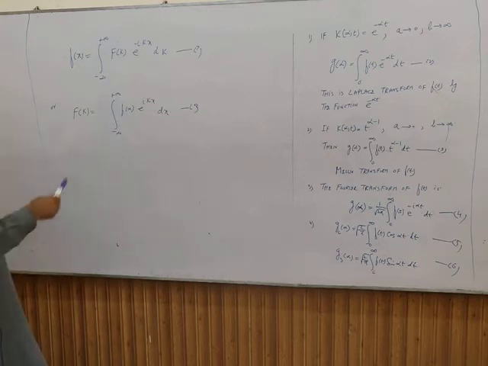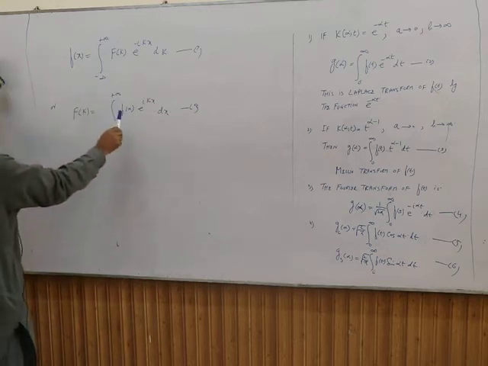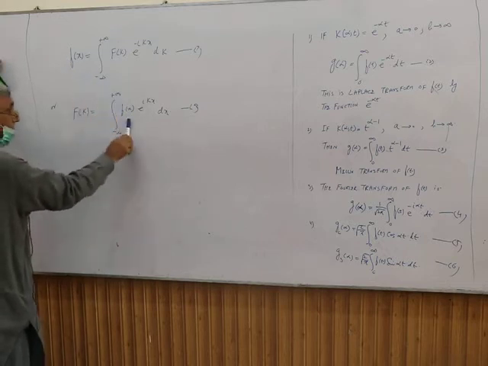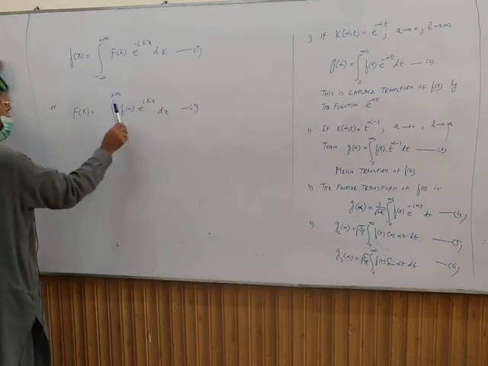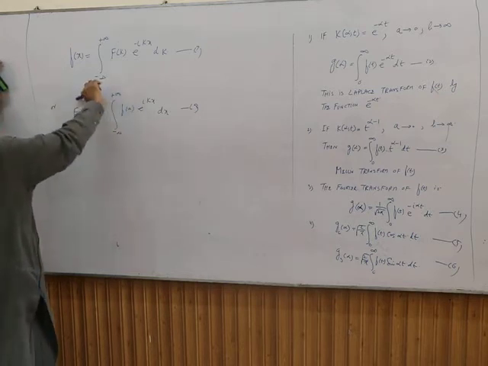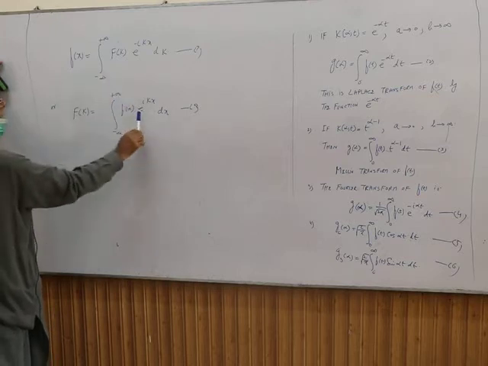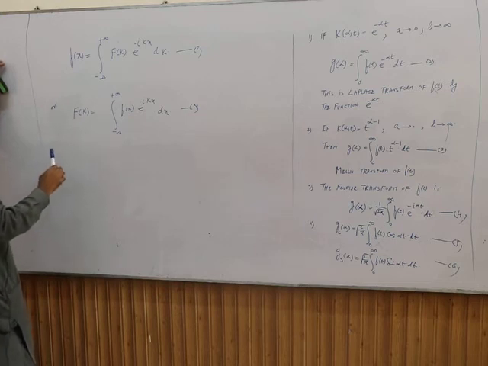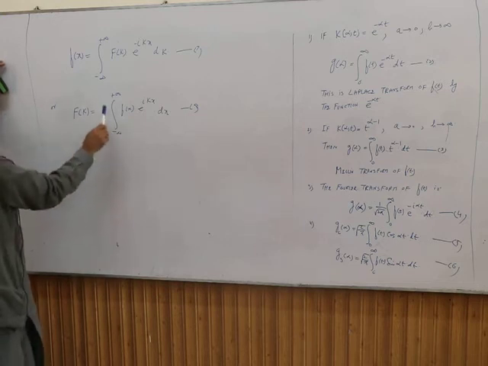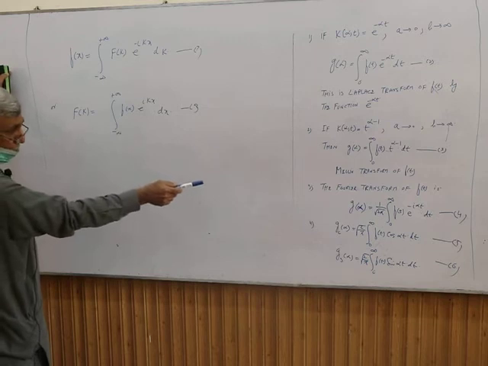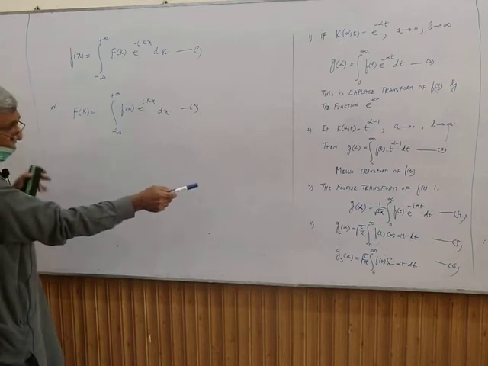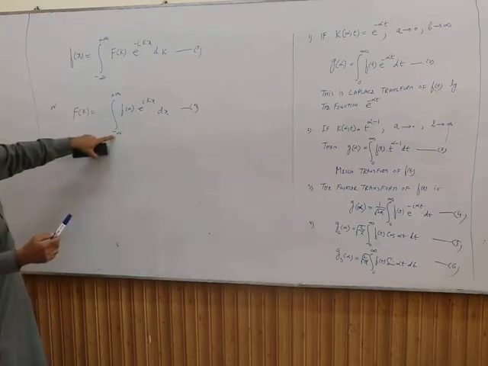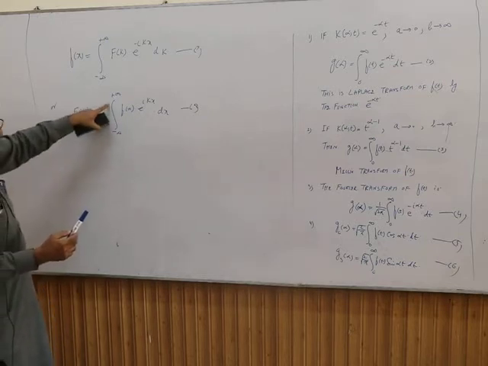Somebody gives us f(x) and transforms it into a new function f(k) with the help of the kernel function e raised to the power ikx. Minus infinity to plus infinity, as we do in the Fourier transform. There I took it as 0 to infinity, now I am taking minus infinity to plus infinity.